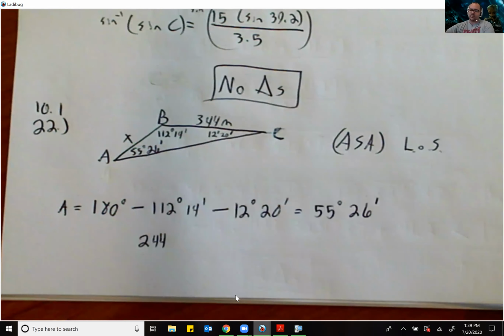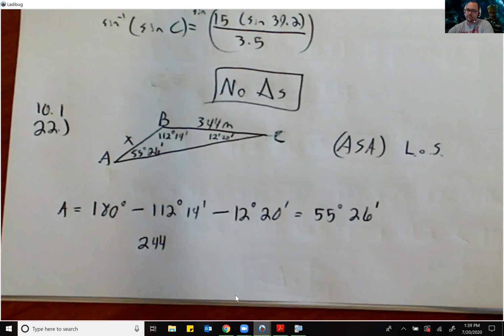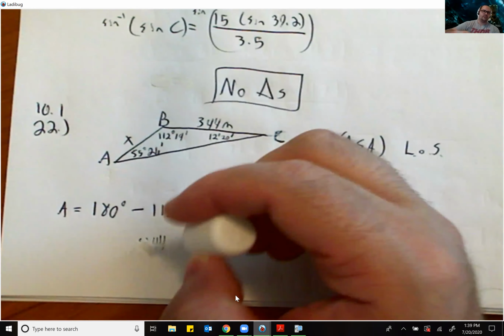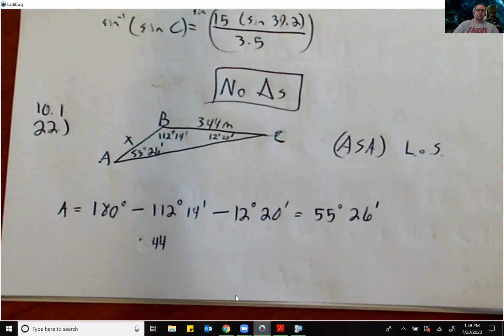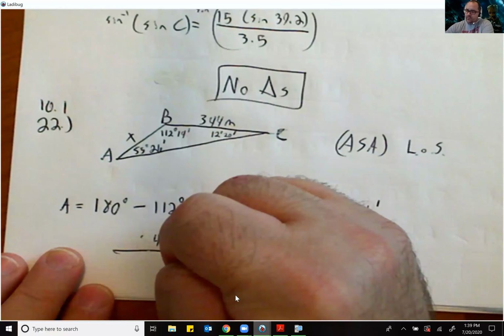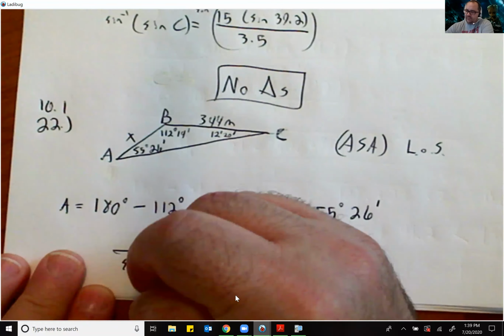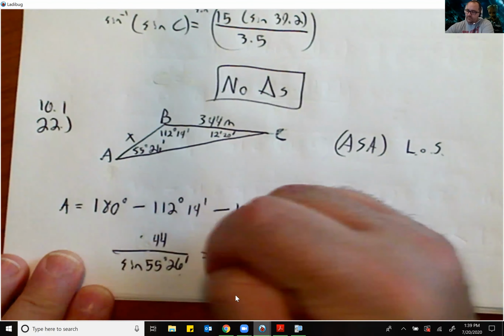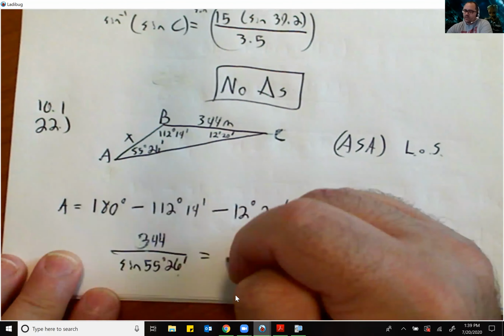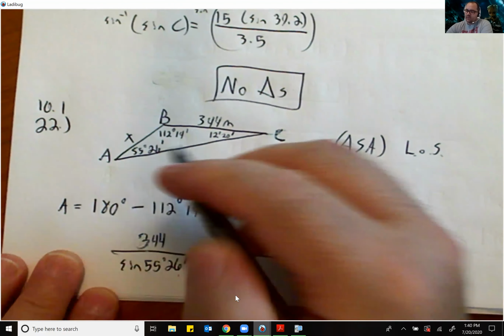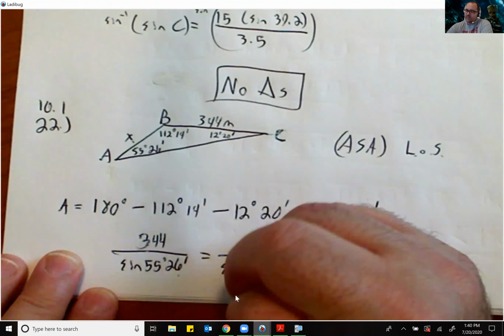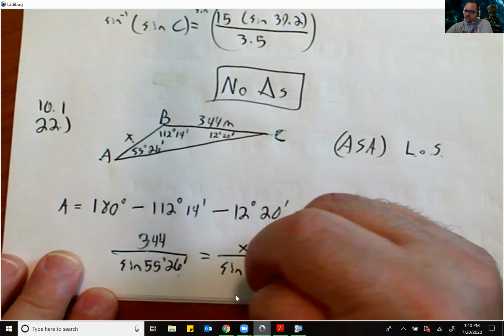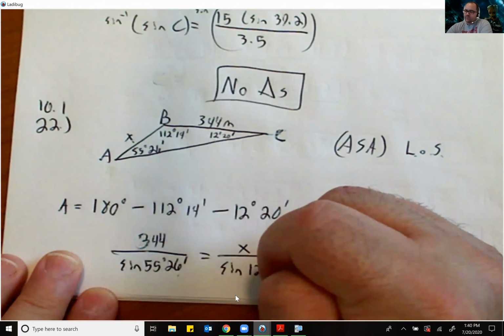Gosh, need to quit messing up. 344 all over sine 55 degrees, 26 minutes equal to x over sine 12 degrees, 20 minutes.